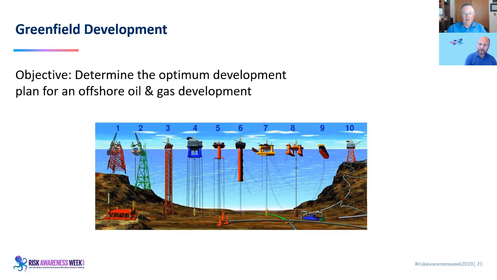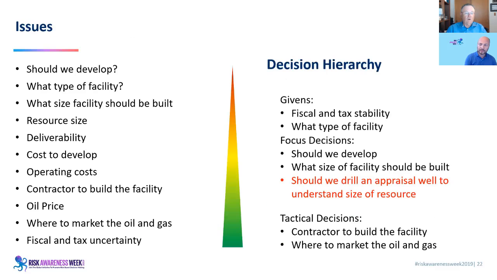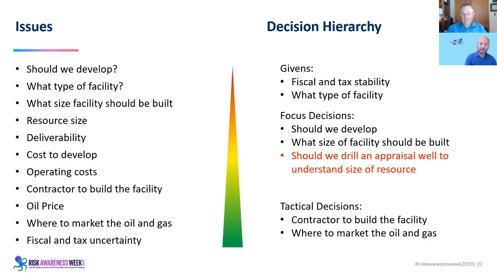There are lots of different ways to develop the project. We identified issues, we identified the decision hierarchy, and what I've done here, in red, is add the decisions that we need to change our frame to look at value of information. So, should we drill an appraisal well to understand the size of the resource?